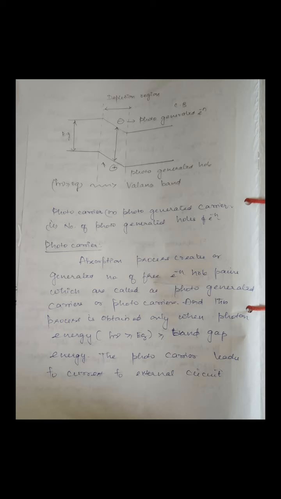This is mainly due to the absorption of photons. In the structure shown here, when the photon is incident, the electron moves from valence to conduction band and produces the photocarrier. How the photocarrier got generated can be easily understood by means of the diagram shown here.